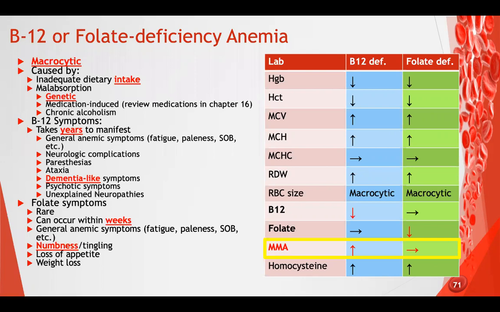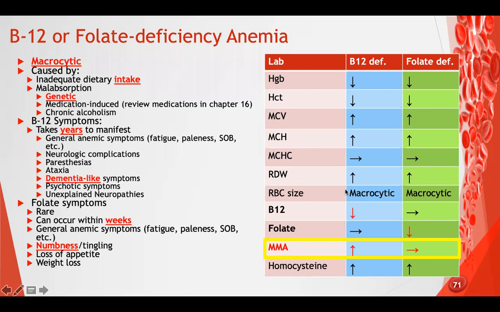So with diagnosing or looking at lab values for vitamin B12 and folate deficiency anemia, you can take a look and see that all these things are the same. Hemoglobin and hematocrit decrease, and because it is macrocytic, the MCV, the MCH, and the RDW and RBC size are all going to be increased.